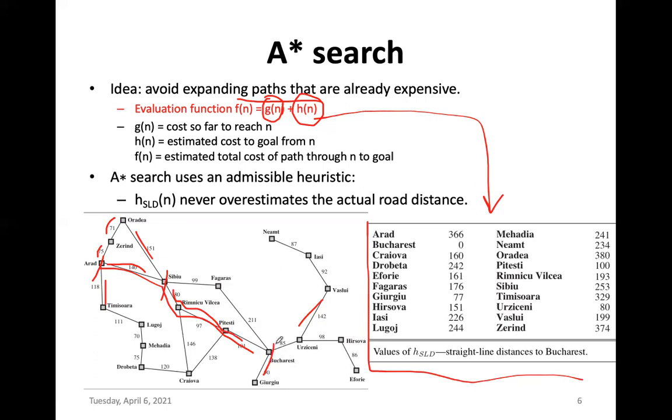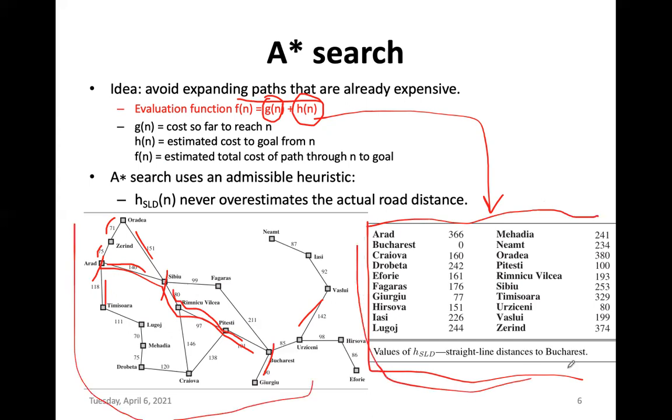So we must include its heuristic cost, h(n), which is an estimated cost, and h(n) is written here. So we have to consider both the actual cost in the map and the straight line distance values here.